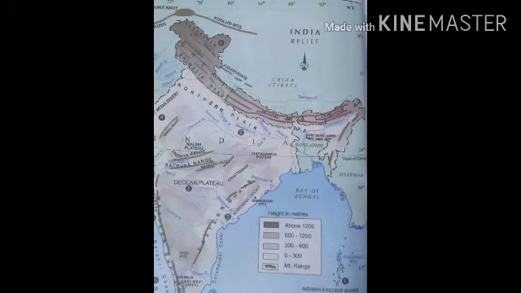The ranges are mainly composed of highly compressed and altered rocks, and its height varies between 3,700 and 4,500 meters. Means you can say the average width of this is about 50 kilometers.